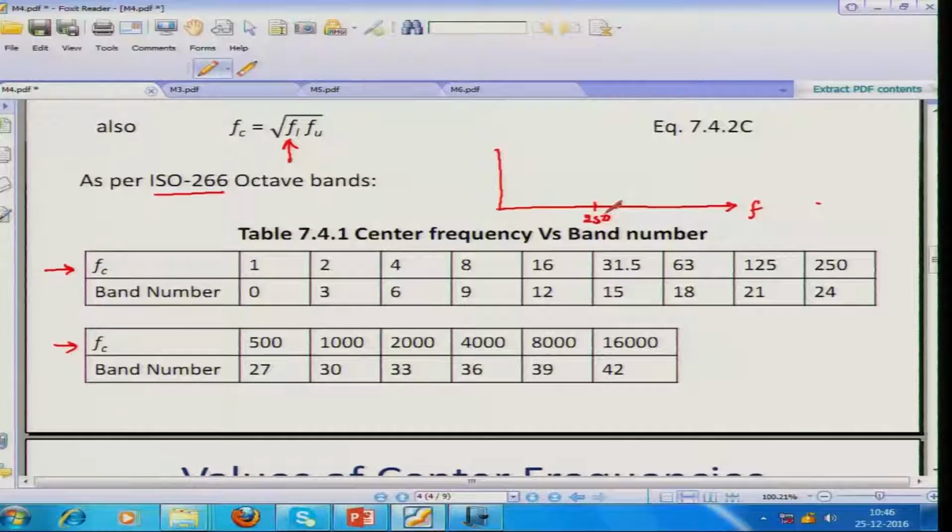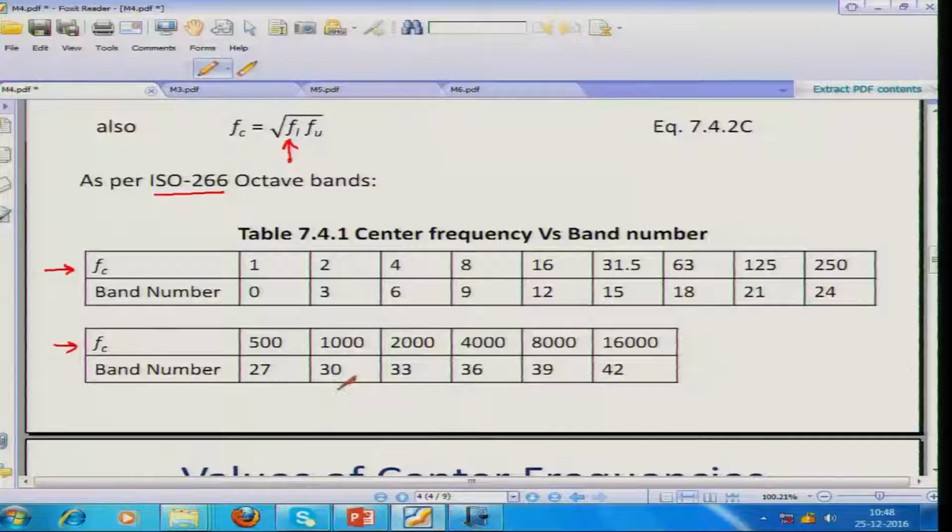So, 250 hertz is the central frequency, and it will have a lower frequency limit. This value will be 250 divided by square root of 2. Let us make it a little wider, so this is the lower frequency limit and this is the upper frequency limit. So, this is Fu.